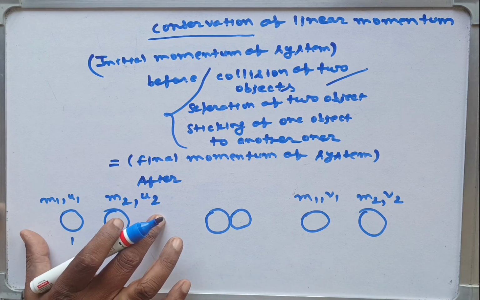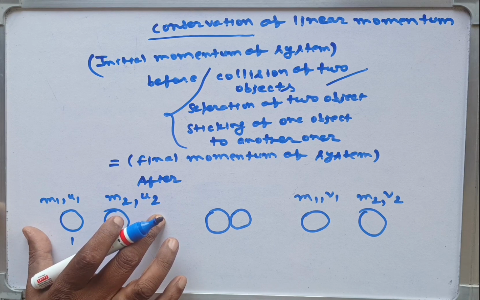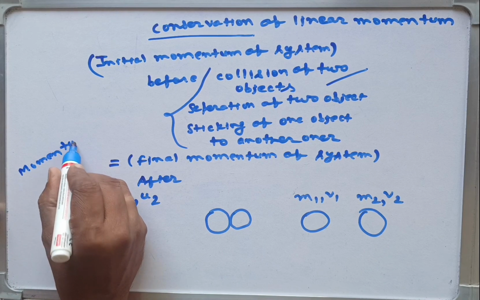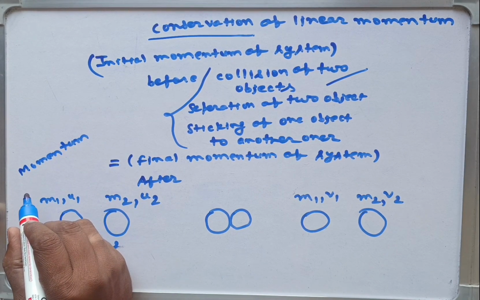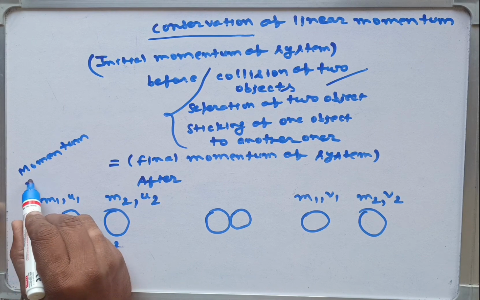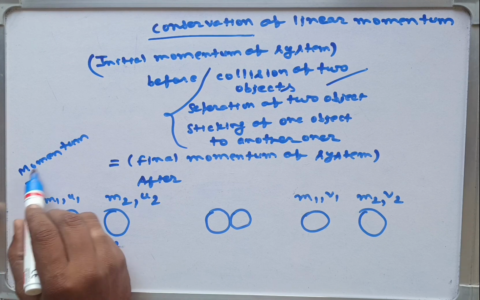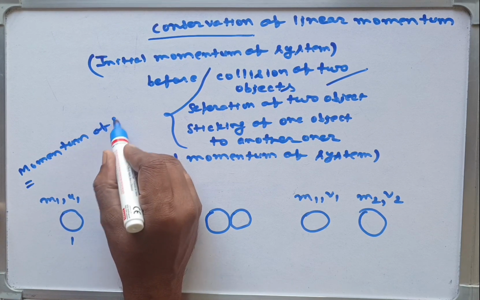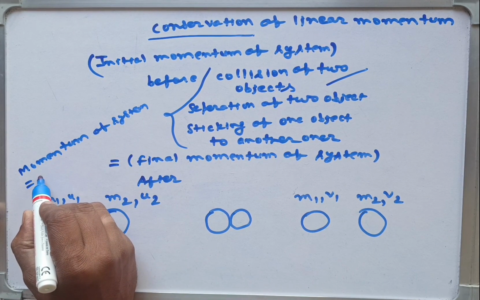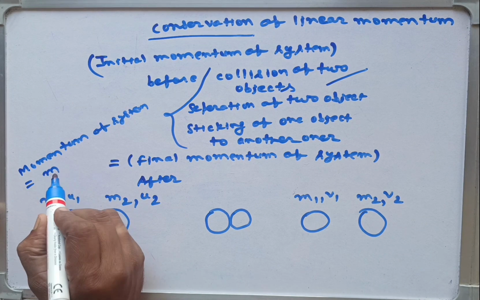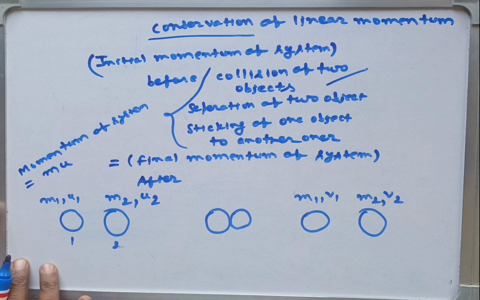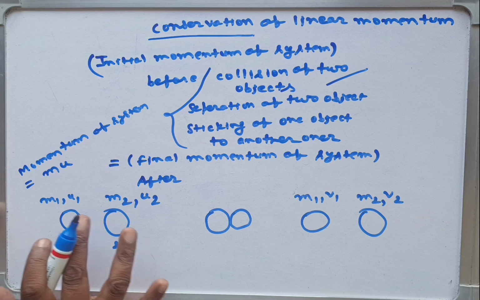Initial momentum. You know about momentum, which we discussed in our last lecture, Force and Laws of Motion. The momentum of a system is equal to the product of mass and velocity. In this system there are two objects.